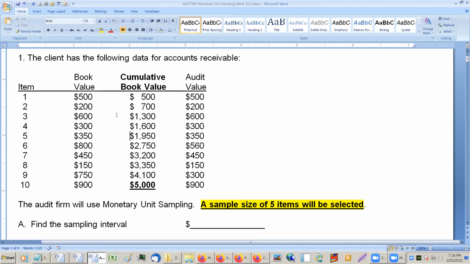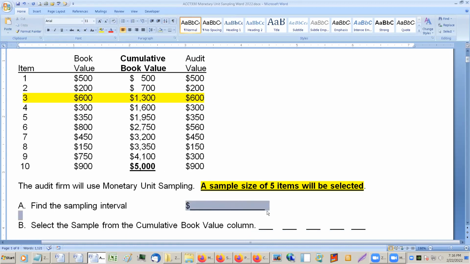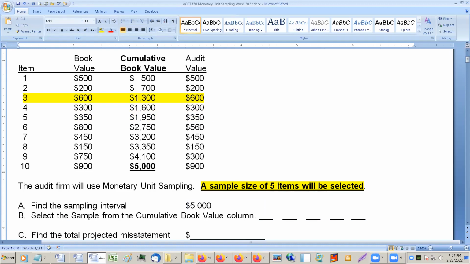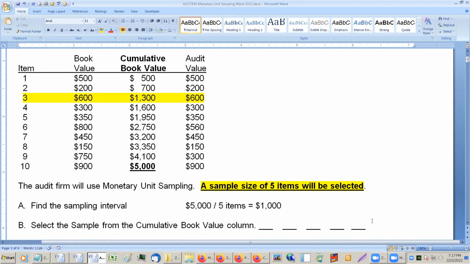Which one goes over? Item 3. Okay, so this one is going to be the first one that we pick. Oh, I'm sorry, find the sample interval. It was 1,000. So the first one we're going to pick is item number 3.